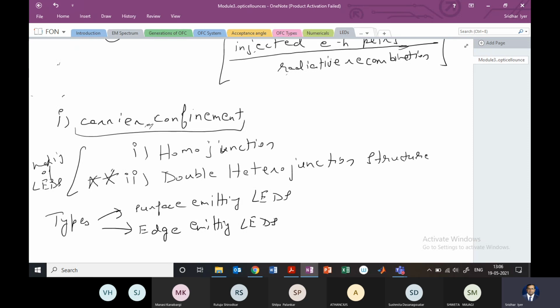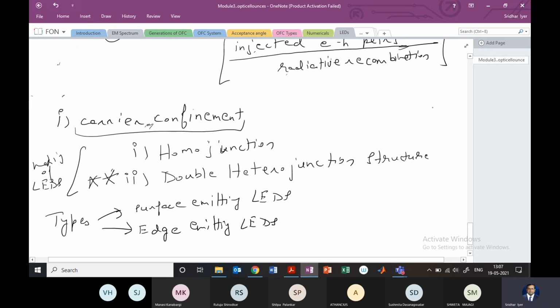Then we'll also look at the advantages and disadvantages of LED. This we have already seen, but we want to see this in detail. Very important, what we'll see later on, just to introduce it to you, is modulation of LED. This will be very important because we have only done modulation till now keeping electrical signals in mind.